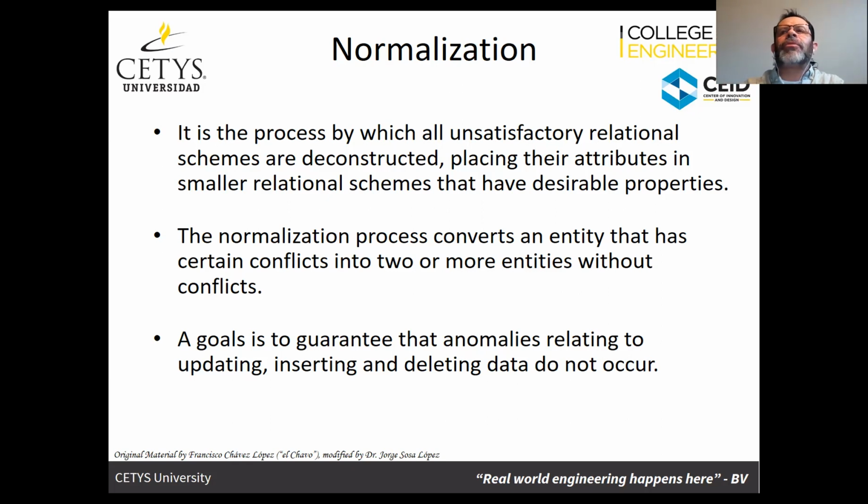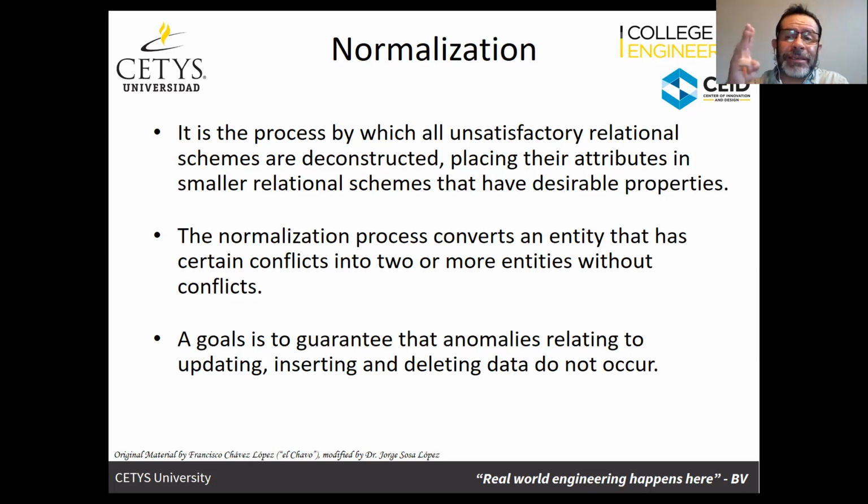The normalization process is taking an entity, a table or a relationship, analyzing it and eliminating any conflicts that might be in it that could affect the data or information stored there. The end goal is to have our tables structured well enough to be congruent and to guarantee that we don't have anomalies.